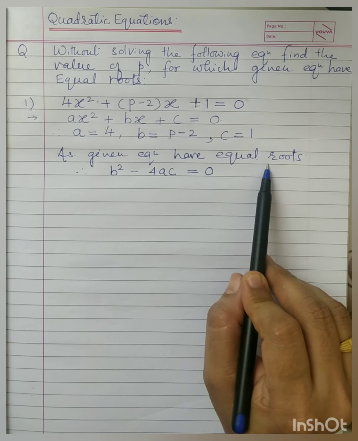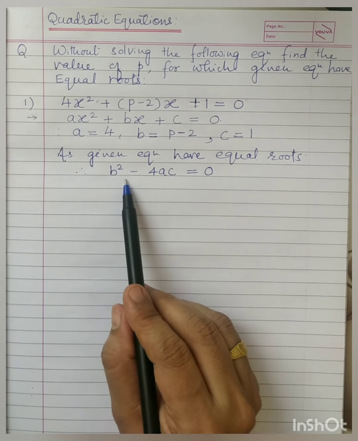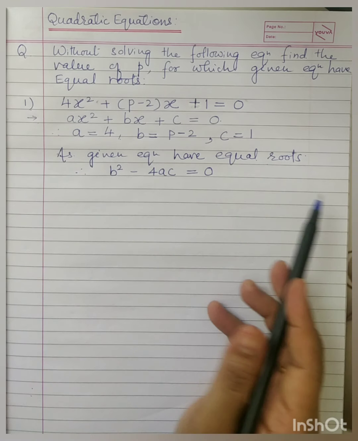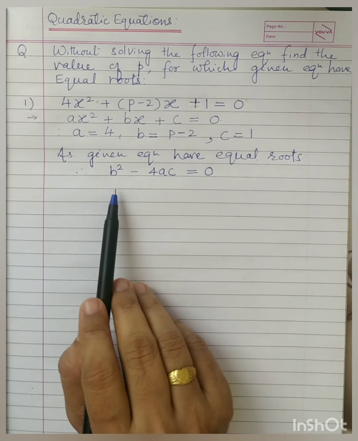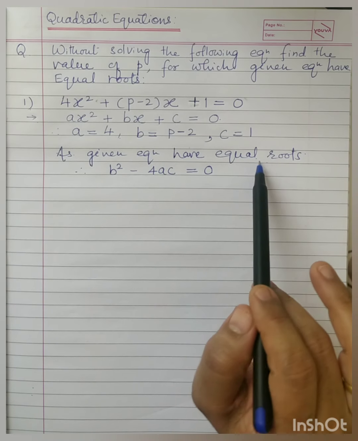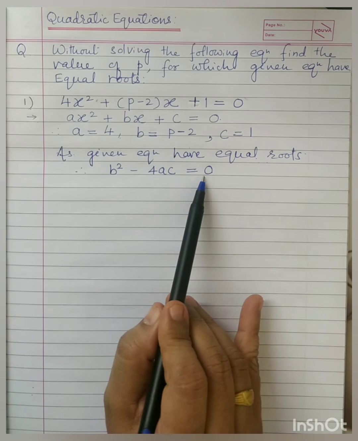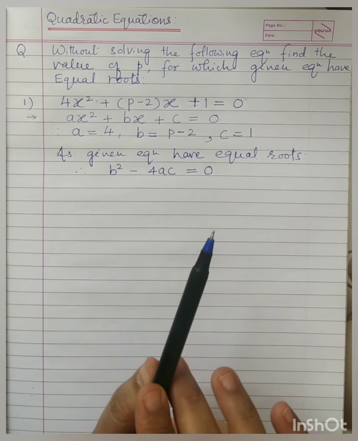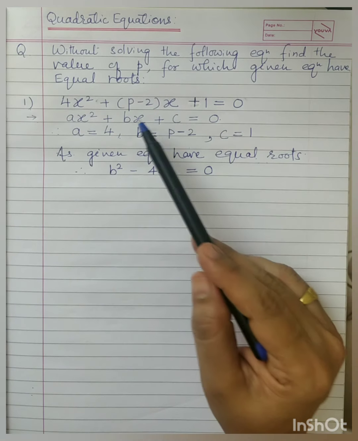Last question we were finding the nature of roots. So we calculated the value of b square minus 4ac and decided whether the roots are equal, rational, irrational, etc. But here, since the statement of this question is that roots are equal, we get an equation b square minus 4ac is equal to 0.